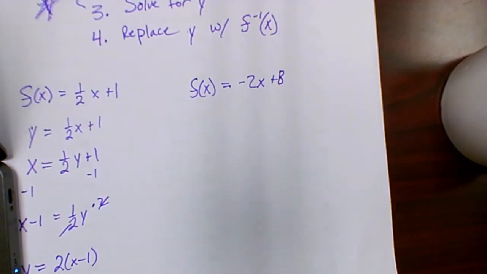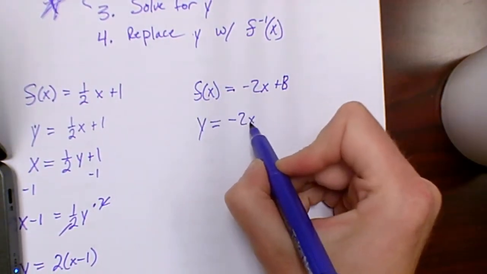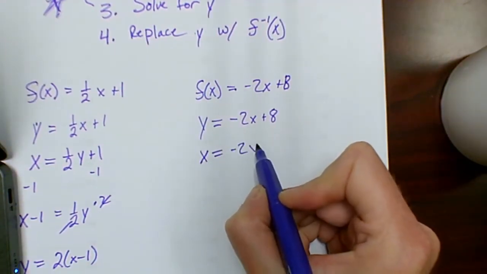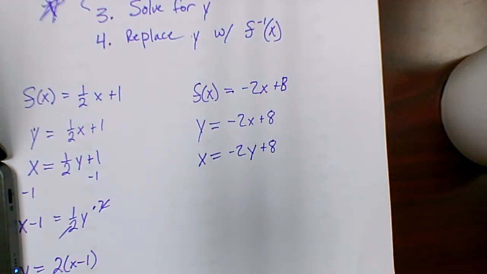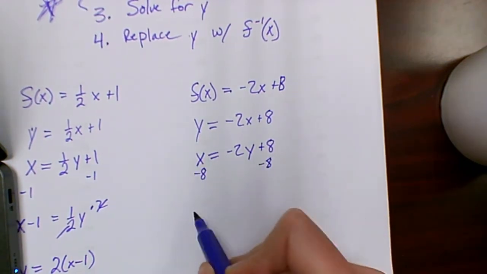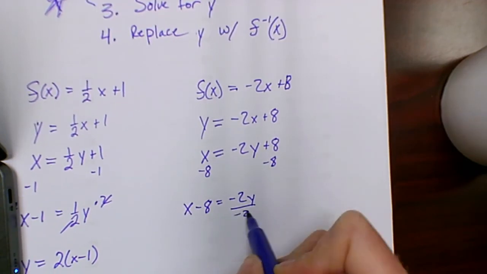Okay, so let's find the inverse. Again, instead of f of x, we need a y so that we can change x and y around. And then solve for the y. So subtract 8. Divide by -2.